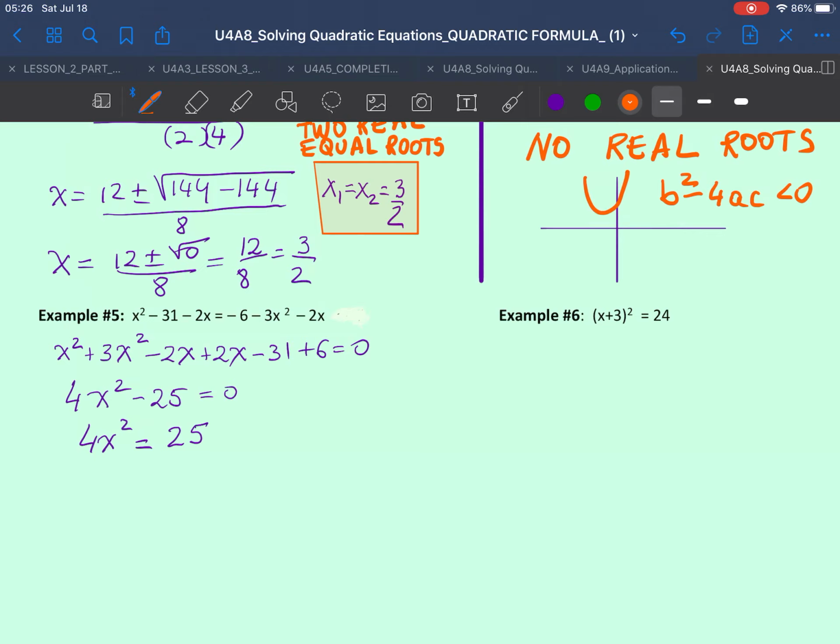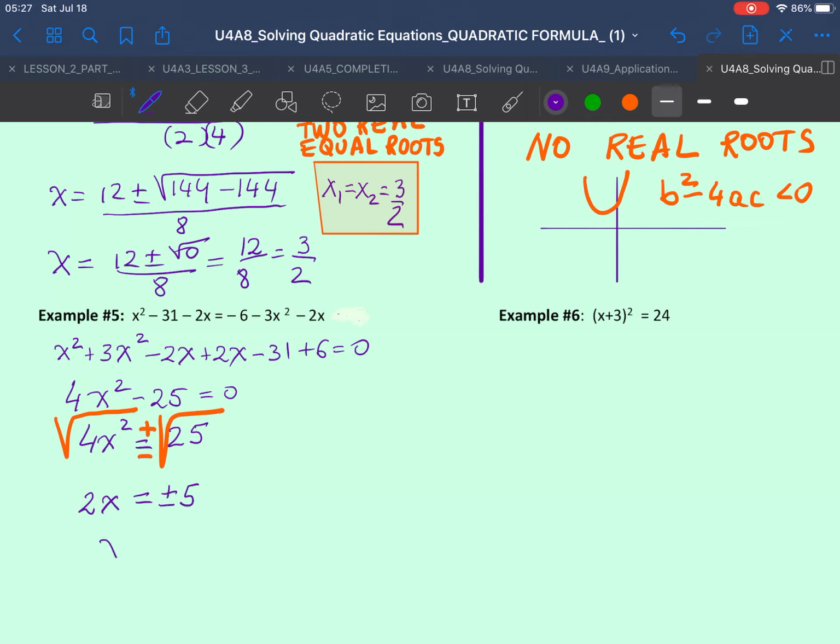The next thing you want to do is square root both sides. And we already know that if we square root both sides of an equation, we shouldn't forget the plus and the minus before the number, right? And then we're going to go ahead and square root the left side, which is 2x, square root the right side, which is plus or minus 5.